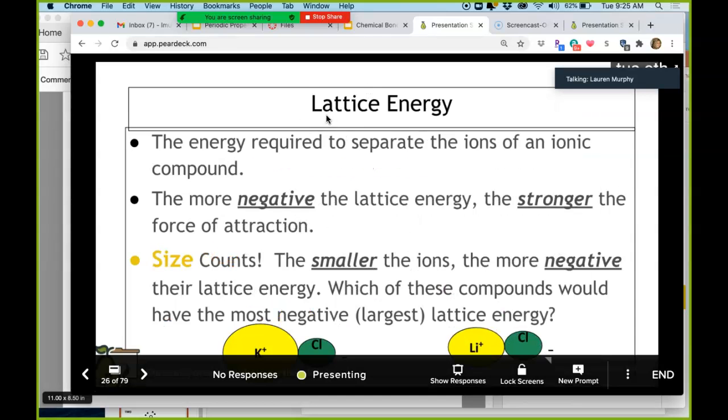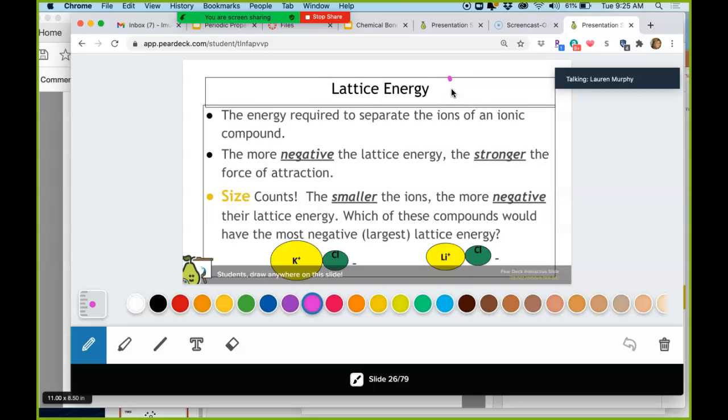So in ionic compounds, the thing that holds them together, so we have bond energy that holds covalent bonds together. The thing that holds ionic compounds together is known as lattice energy, okay? Lattice energy is specific to ionic compounds. That means metals with nonmetals or metals with polyatomic ions, okay?